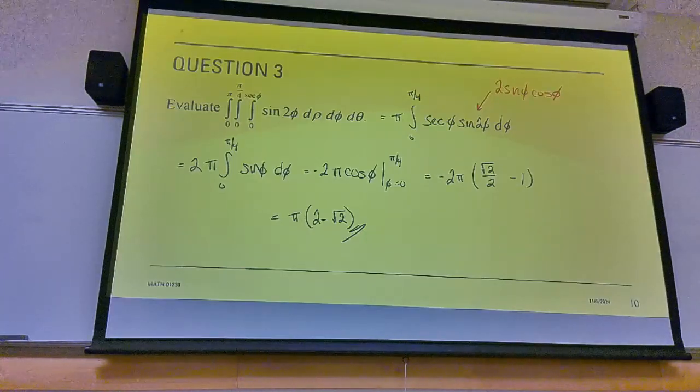Right, but I mean from what we're given to that. Oh, to that step. Yeah. Do you see a theta? No, there's no theta. What's the length of 0 to pi? The length of that interval? Pi.